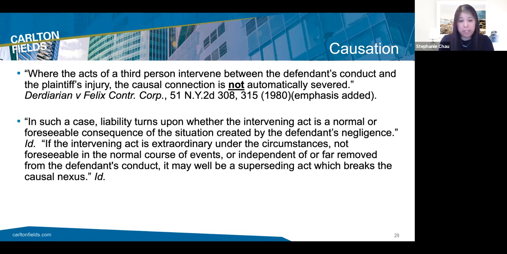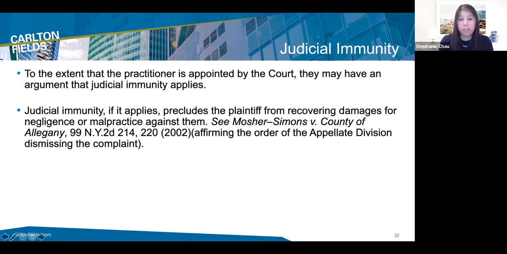A final point that I will mention before I turn this over to Sylvia is that of judicial immunity. To the extent that the practitioner is appointed by the court to carry out the prevention services, there may be an argument that judicial immunity applies.